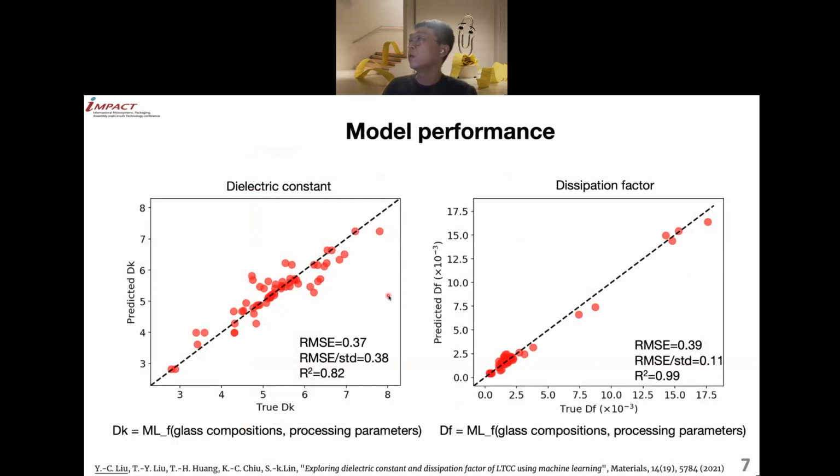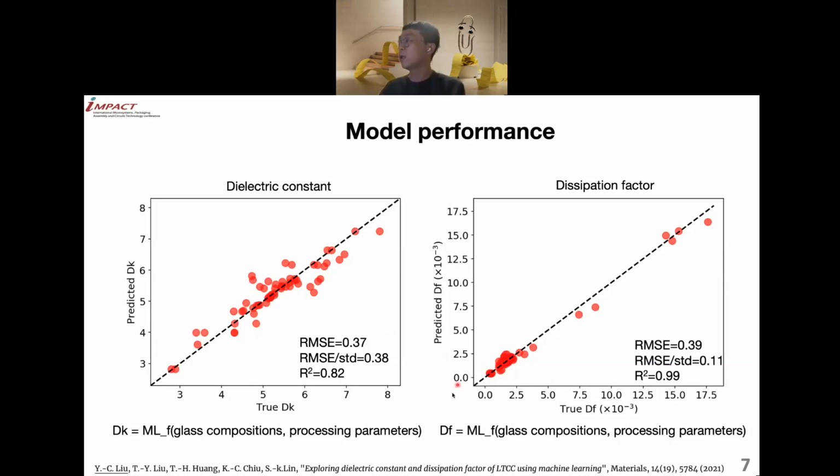As for the model performance, as you can see in these two figures, the left-hand side is the parity plot for the dielectric constant, and the right-hand side shows the dissipation factor. The R-squared values were quite good, 0.82 for this one and 0.99 for this one. The root mean square error versus the standard deviation of the dataset was less than 1, which shows good predictive ability of these two models.